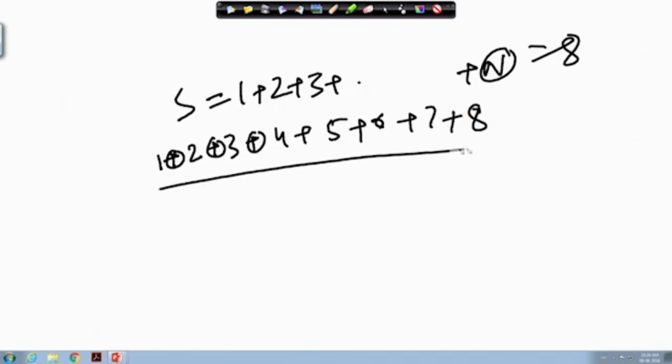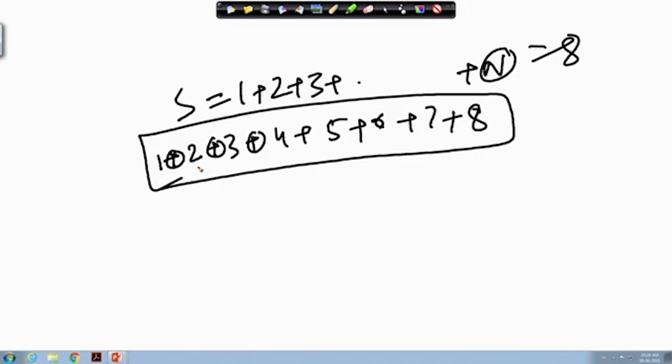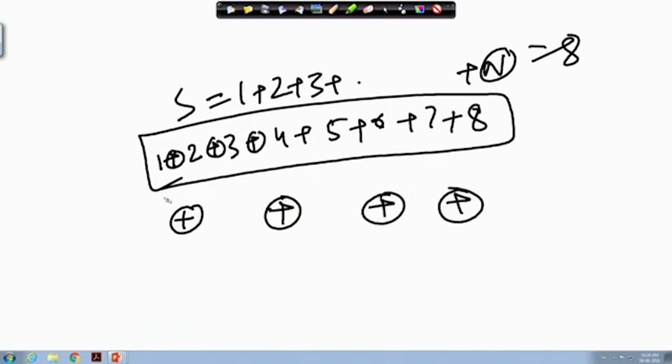So, these 8 numbers I have to add. So, what can we do? We can use the adder something like this, where I can put 1, 2, 3, 4, 5, 6, 7, 8.